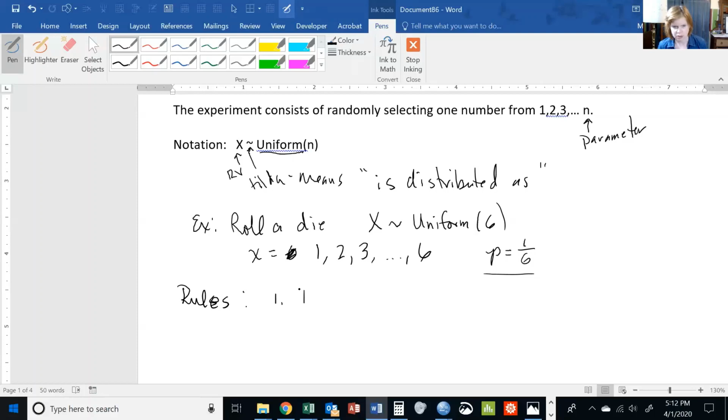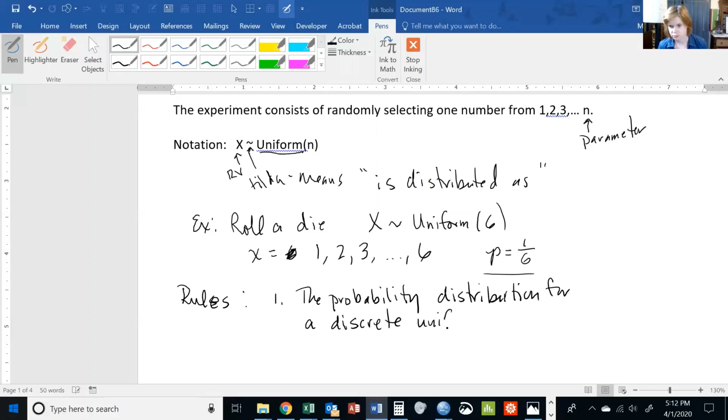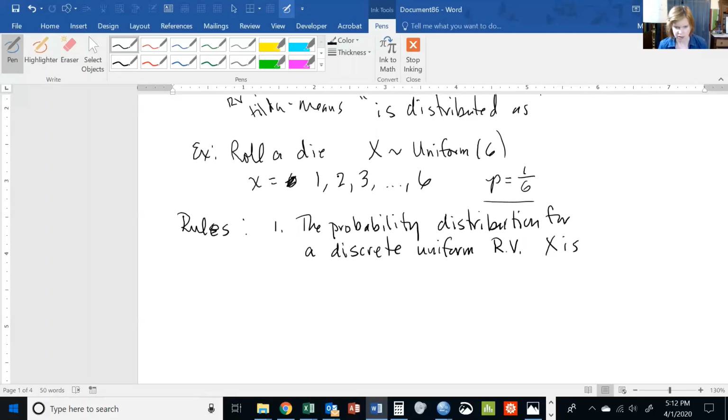The probability distribution for a discrete uniform random variable x is this. Here is a fancy way of basically saying that p of x is 1 over n. But we're going to put a big bracket here.